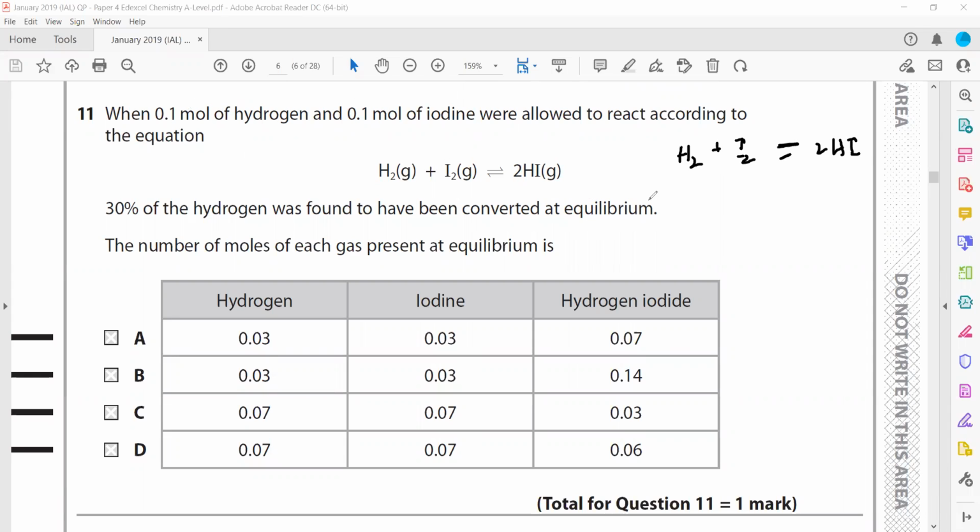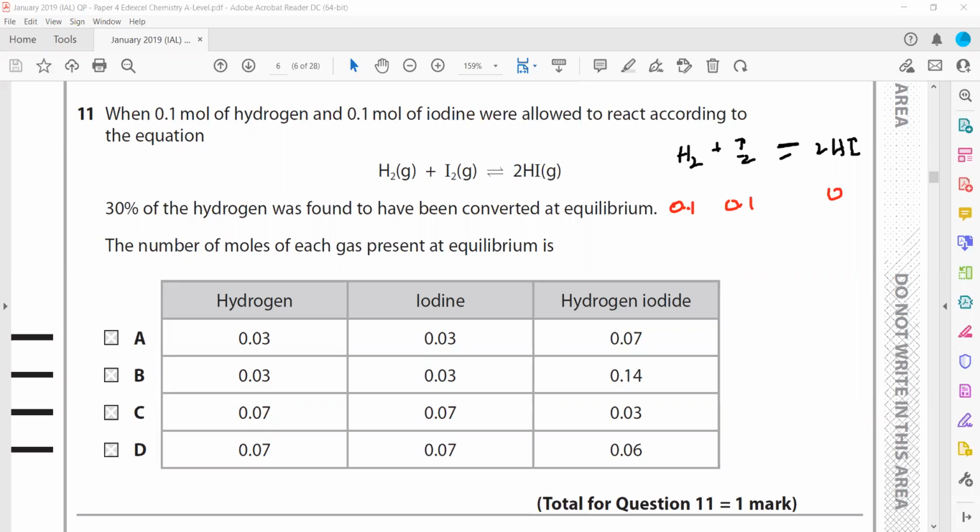So 0.1 mole is there in the beginning. This is also 0.1 and this will be 0. Because in the beginning, we'll always have reactant, no product. Sometimes some questions give you a product, but in most questions, in the beginning, you don't have any product. 30% of hydrogen has been converted. So if 30% is converted, the remaining will be left.